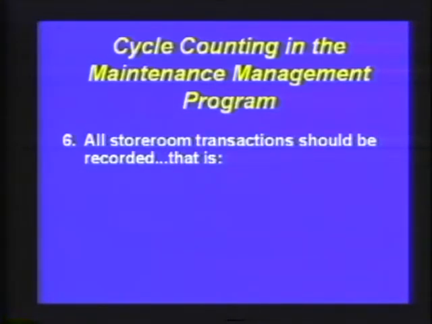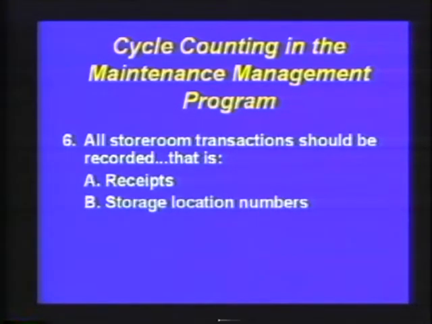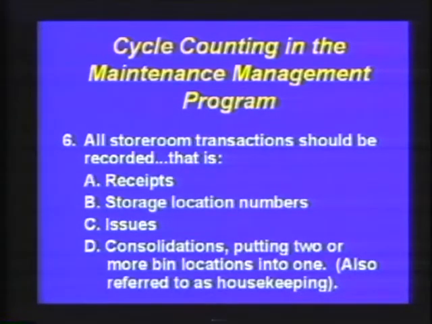And the 4 major transactions are receiving, storage, location numbers, issuing, and consolidation. And consolidation is putting 2 or more bin locations into 1. Those are all part of step number 6.